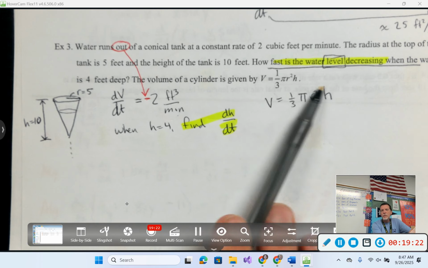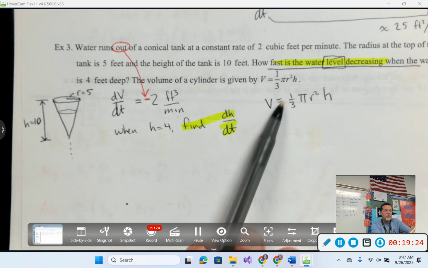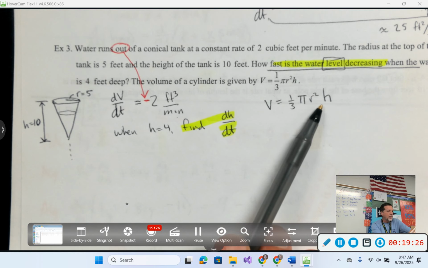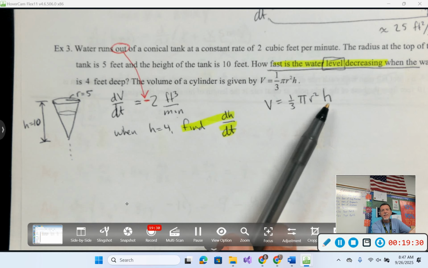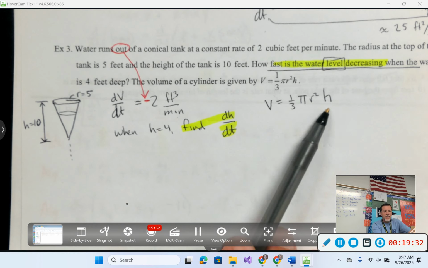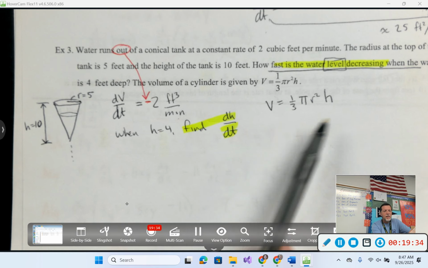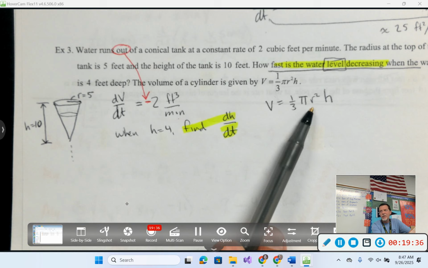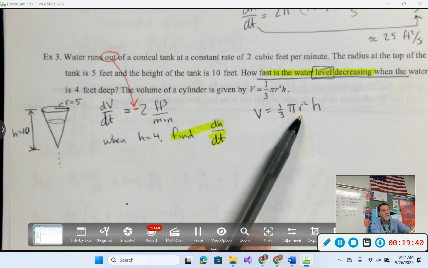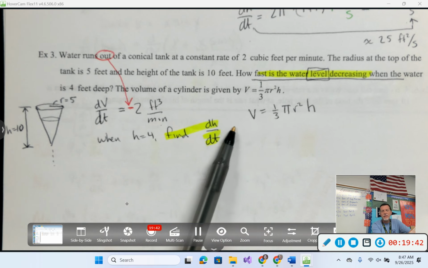What happens on the right-hand side if I take a derivative? What am I going to have to use? The product rule and the chain rule. And dH/dt will show up. That's nice. But dR/dt is also going to show up. And now I'm going to have a mess on my hands because I don't know anything about dR/dt.